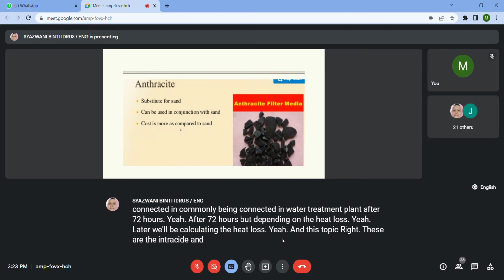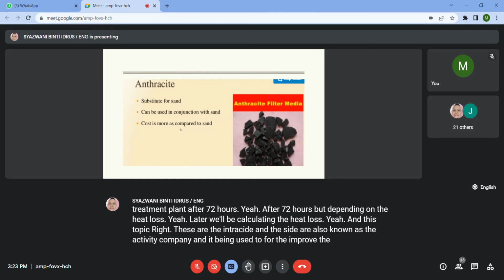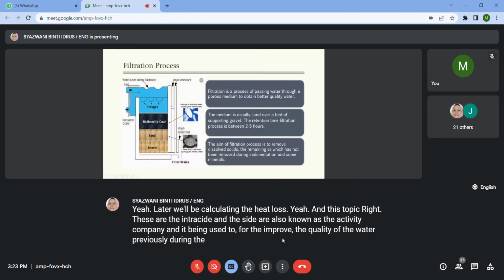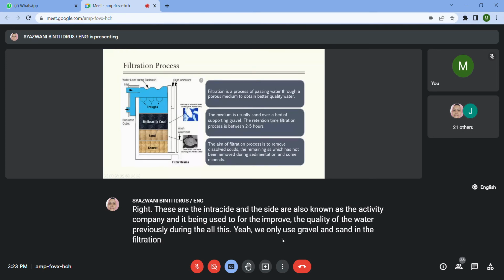Anthracite is also known as activated carbon, which is used to further improve the quality of the water. In the old days, we only used gravel and sand in the filtration process, and maybe layers of sand.